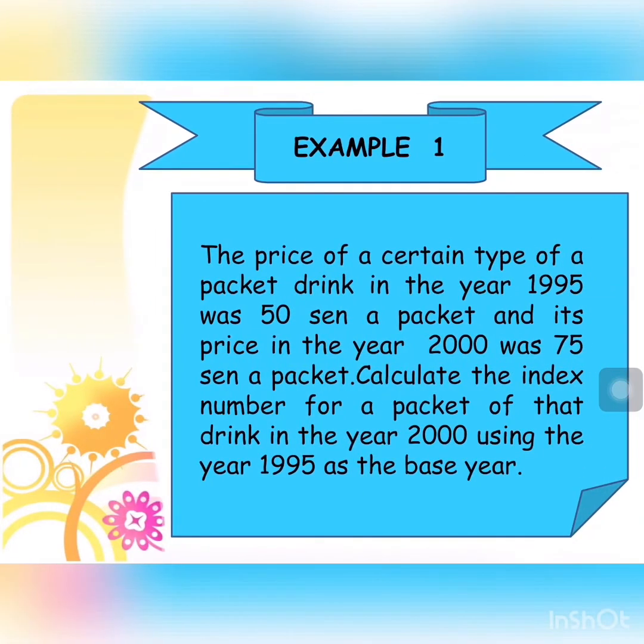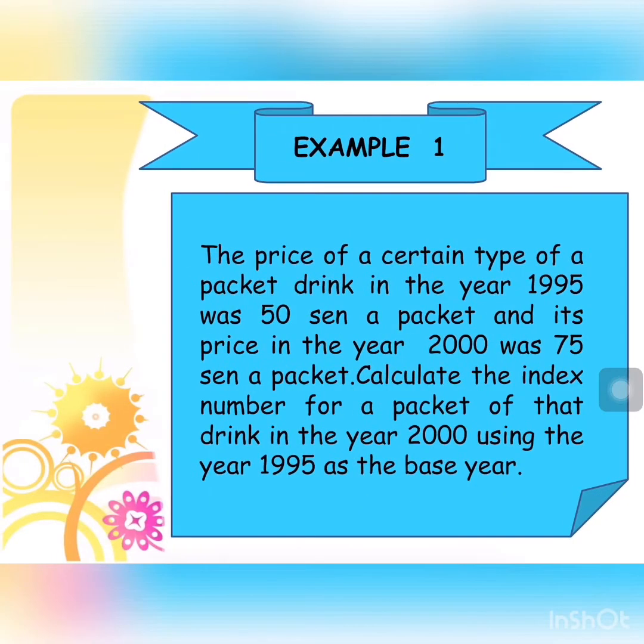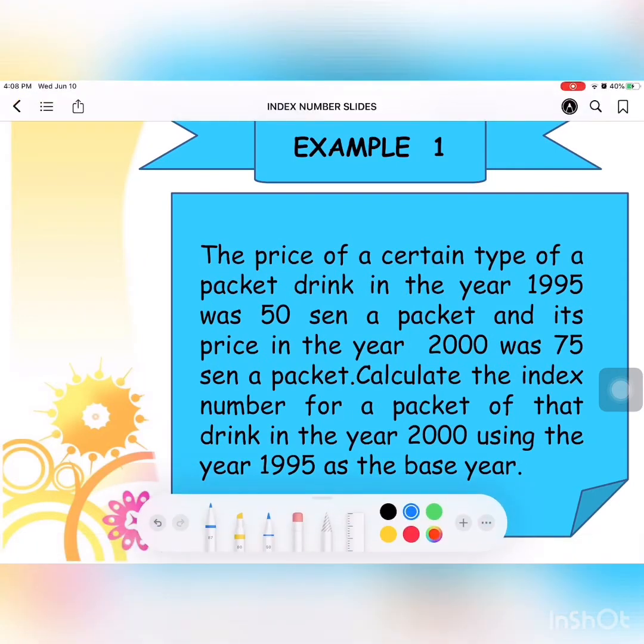Let's go to example 1. The price of a certain type of packet drink in the year 1995 was 50 cents a packet, and its price in the year 2000 increased to 75 cents a packet. Do you see any difference in the prices between these two years?